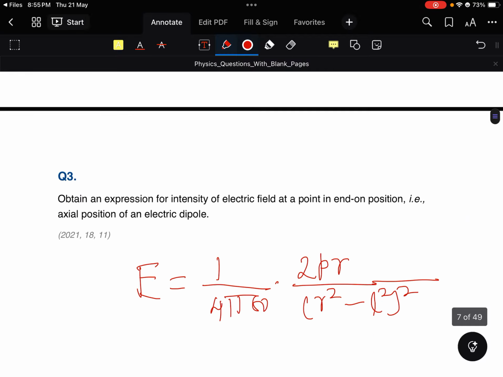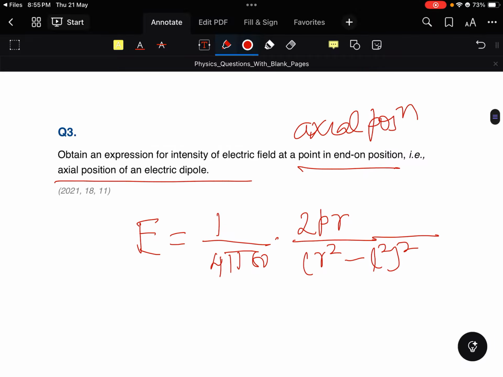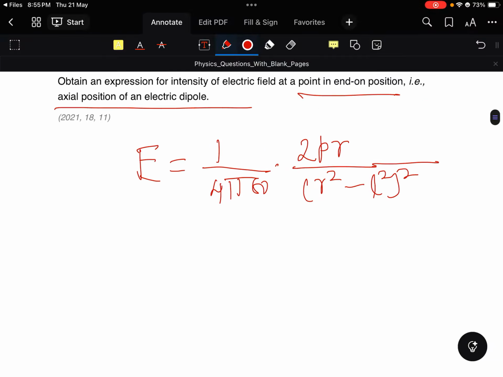Then next question, question number 3. Obtain an expression for intensity of electric field at end-on position. End-on means axial position of an electric dipole.